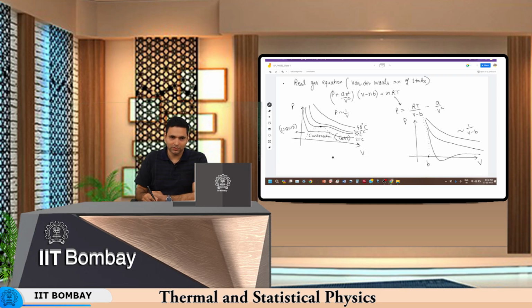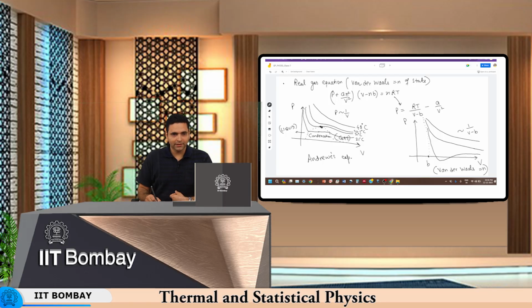So this is Andrews' experiment, and this is the van der Waals equation, right? I'll come back to this. After some time we'll compare these two plots again, and we'll see how they mean the same thing.